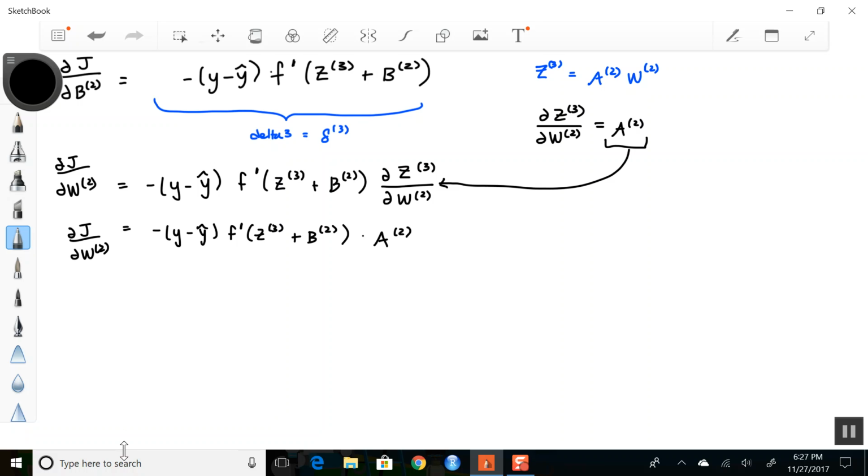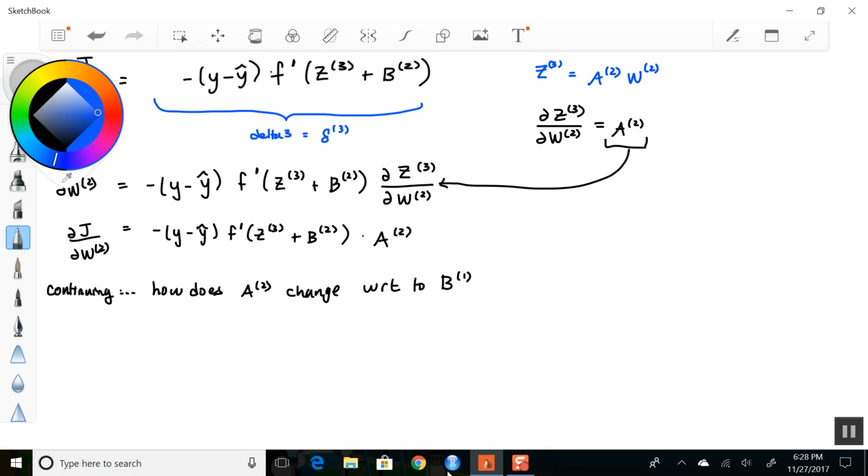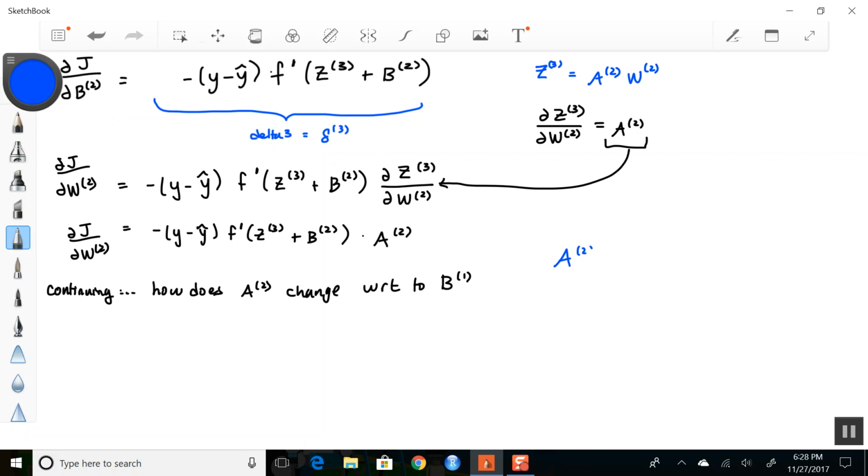If we want to continue, then we might want to see how A2 changes with respect to the first bias matrix. Keep in mind that A2 is f of the output Z2 plus the first bias matrix.